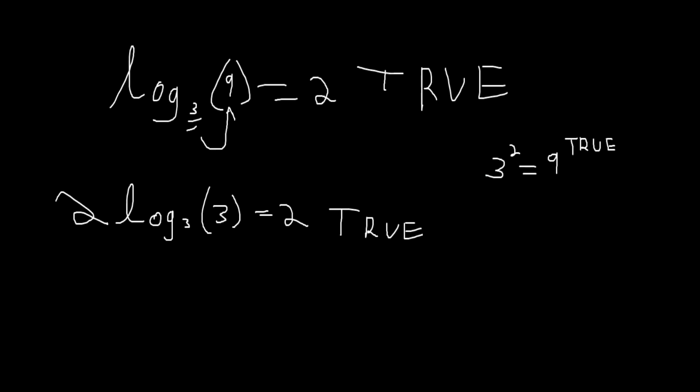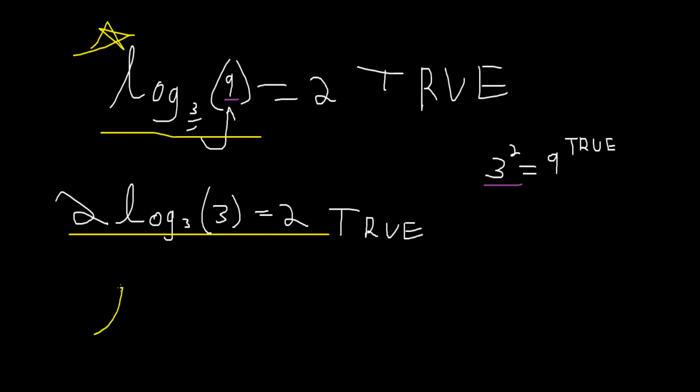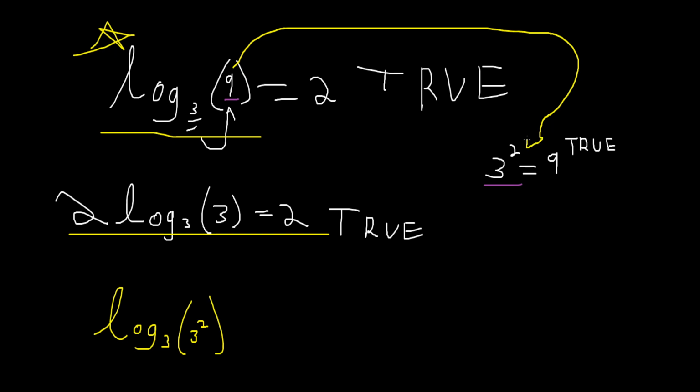So real fast, we know that this is 2, this is 2, and we know that this is the same as 3 squared. So I'm going to start over here with this guy. I'm going to write log base 3 of 3 squared. We know that 9 is the same as 3 squared.